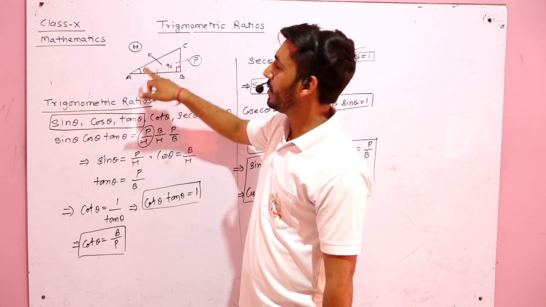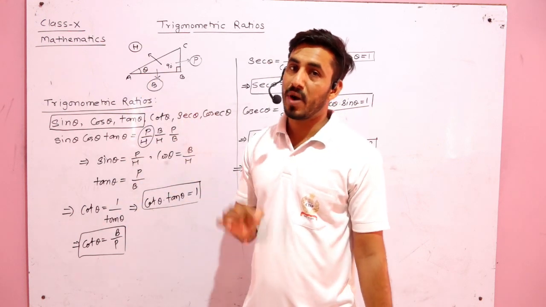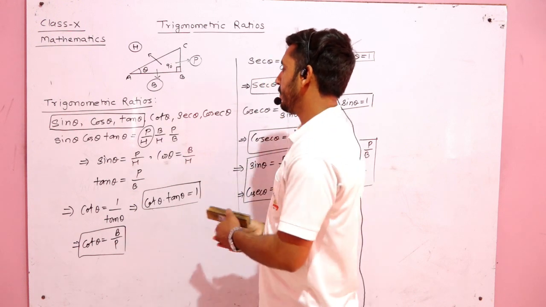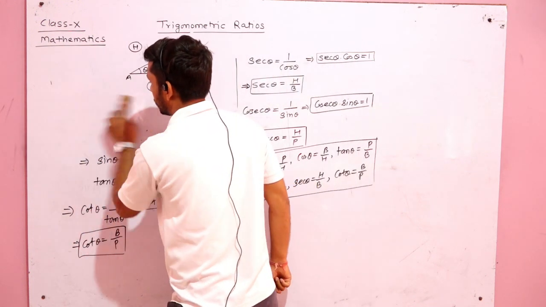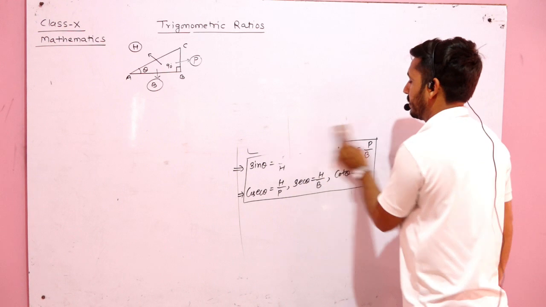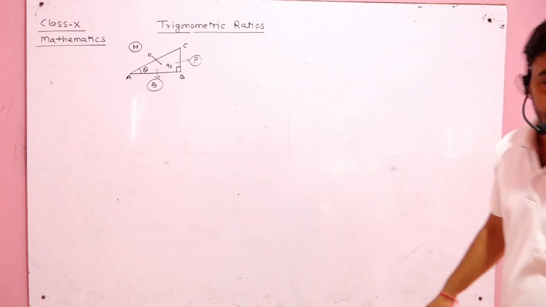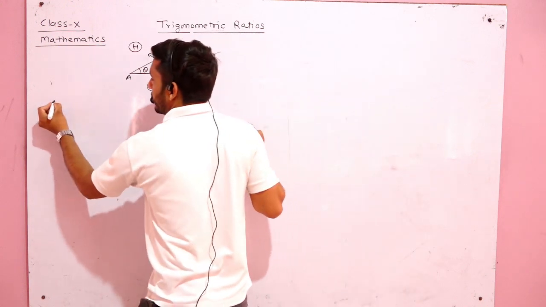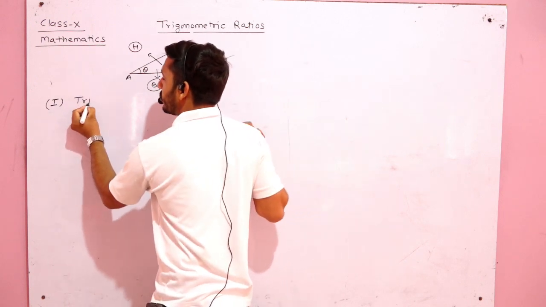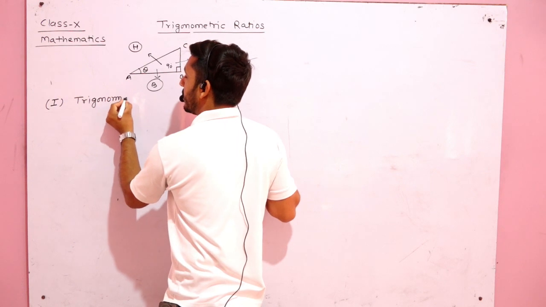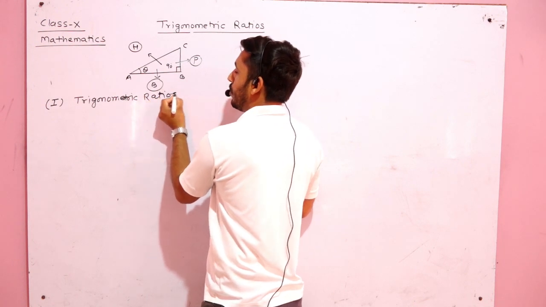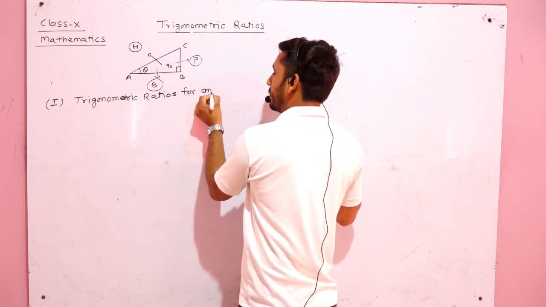It means if I am moving theta towards 0, then this point C will tend to B. Okay, in the first condition we take trigonometric ratios for angle 0 degree.